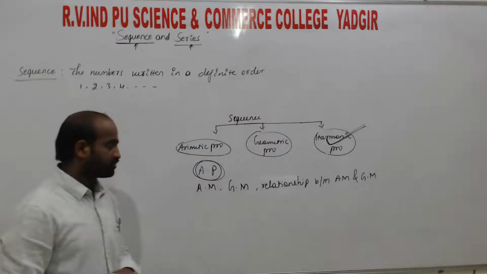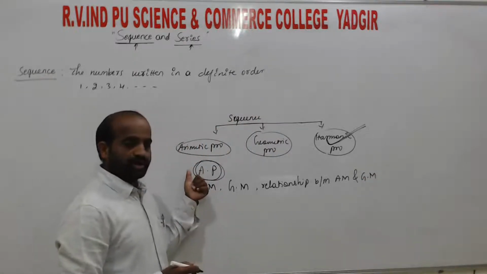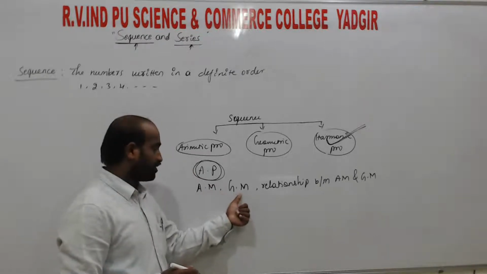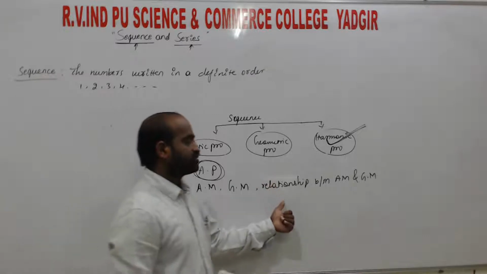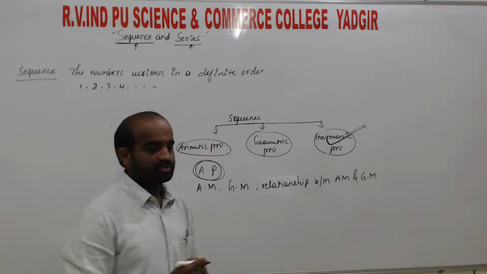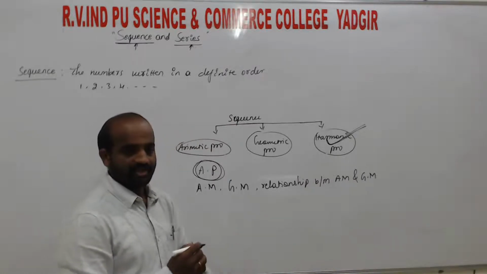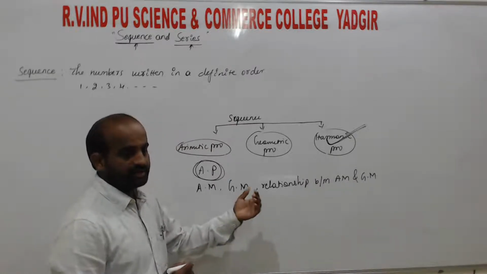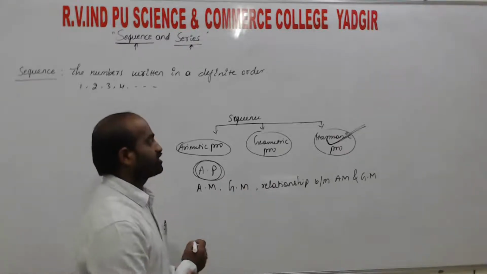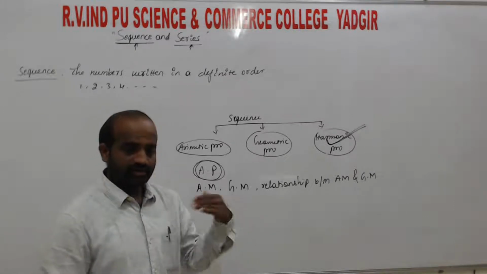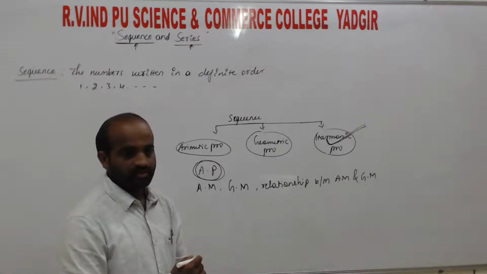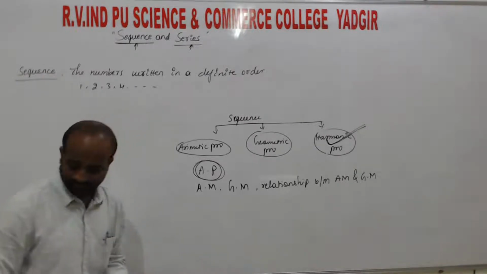In this chapter, we study more about AP, AM, GM, geometric mean, the relationship between arithmetic mean and geometric mean, and also in series, sum to n terms of special series: sum to n terms of natural numbers, of squares of natural numbers, and of cubes of natural numbers.